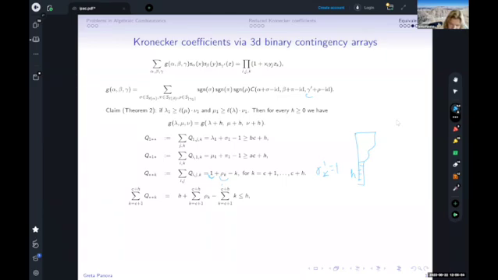So this rho k is a permutation from 1 up to c plus h. So this has to be less than or equal to h. And now we have a point configuration with these marginal conditions, so we can say exactly what it looks like.